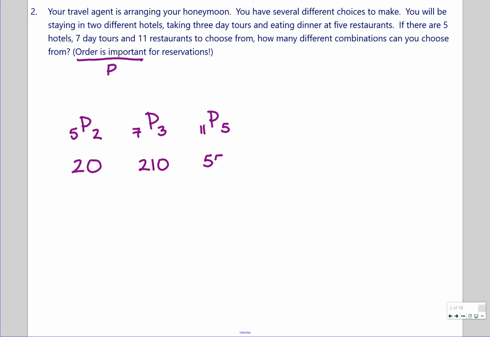We got a lot of options there. 5, 5, 4, 4, 0. And then we're going to just multiply these together at the end. Again, kind of our multiplication principle. And we get a lot. 2, 3, 2, 8, 4, 8, 0, 0, 0.